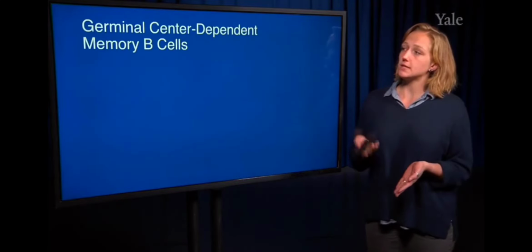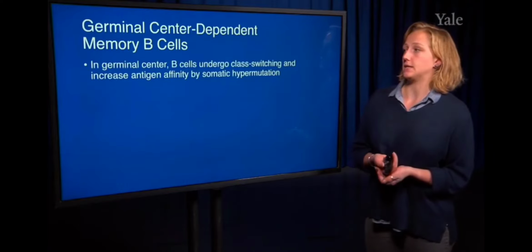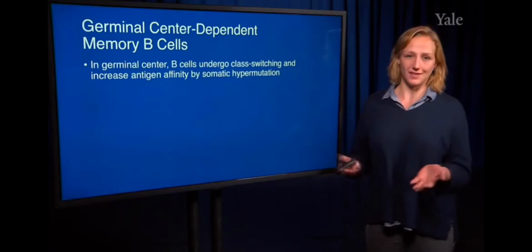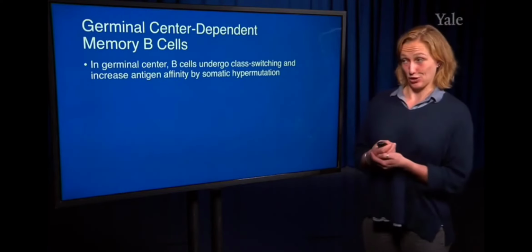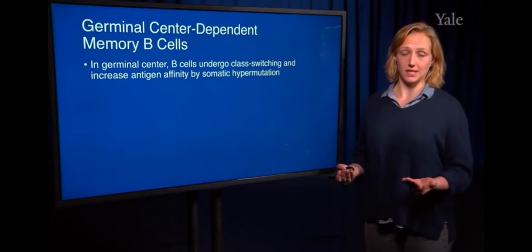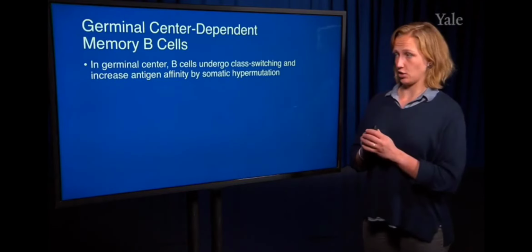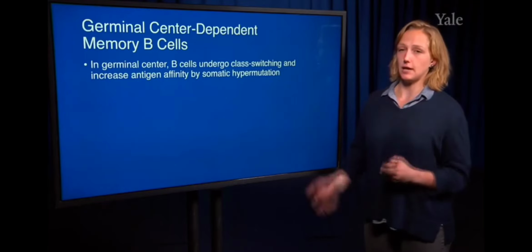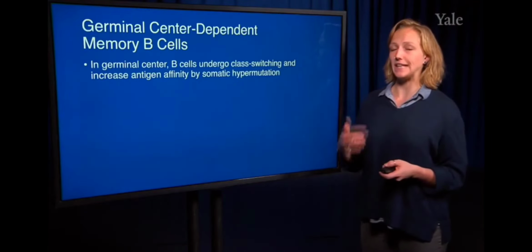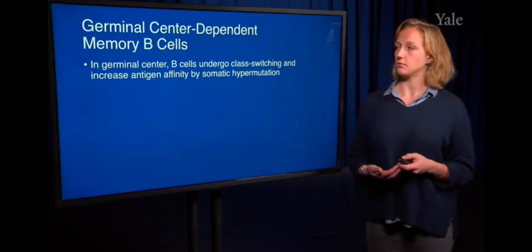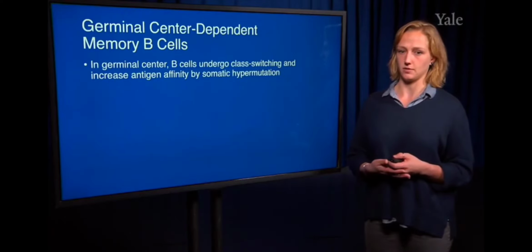So germinal center dependent memory B cells form within the germinal center, as their name suggests. Within the germinal center, during the primary infection, B cells undergo class switch recombination and also gain affinity for their antigen through somatic hypermutation.